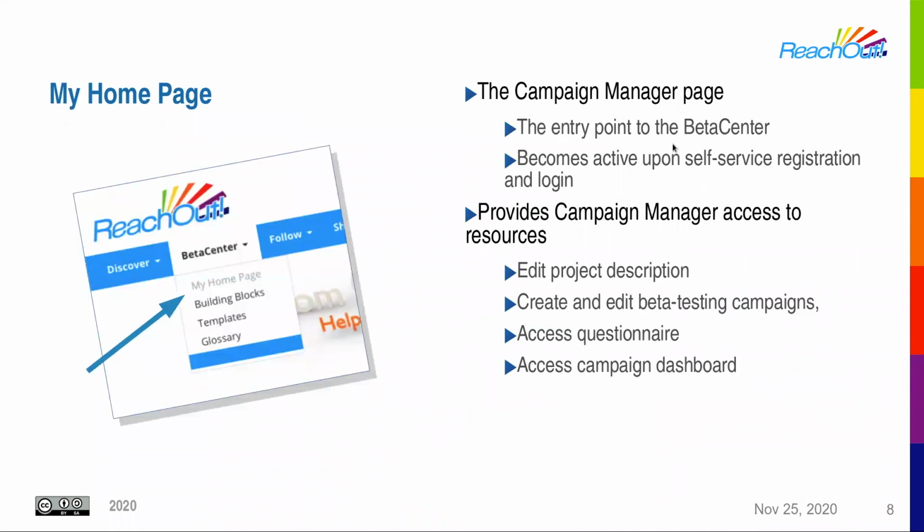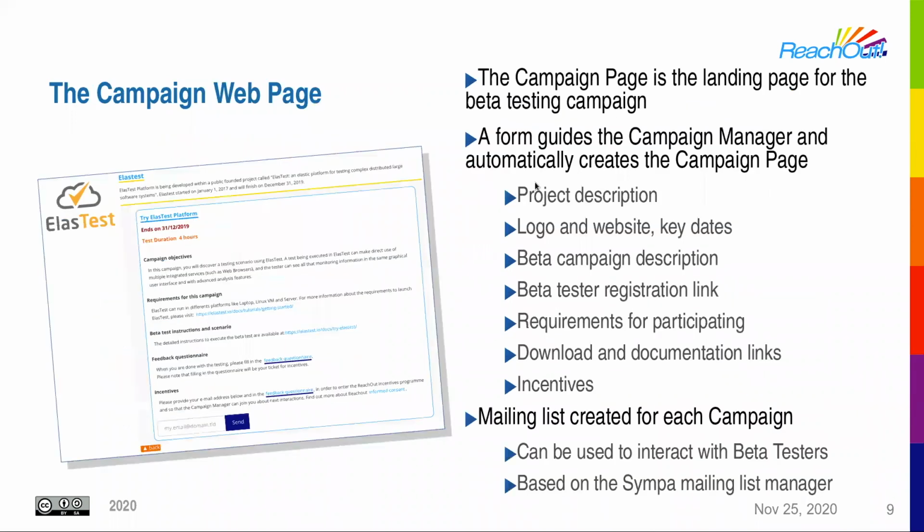So the first one is the campaign manager page, which is where the campaign managers can register on the beta tester, and then they're given their own page from which they can access the resources that we provide them with. They can edit the project description and create the campaigns. So creating a campaign is done through a campaign page, which is a form that we provide.